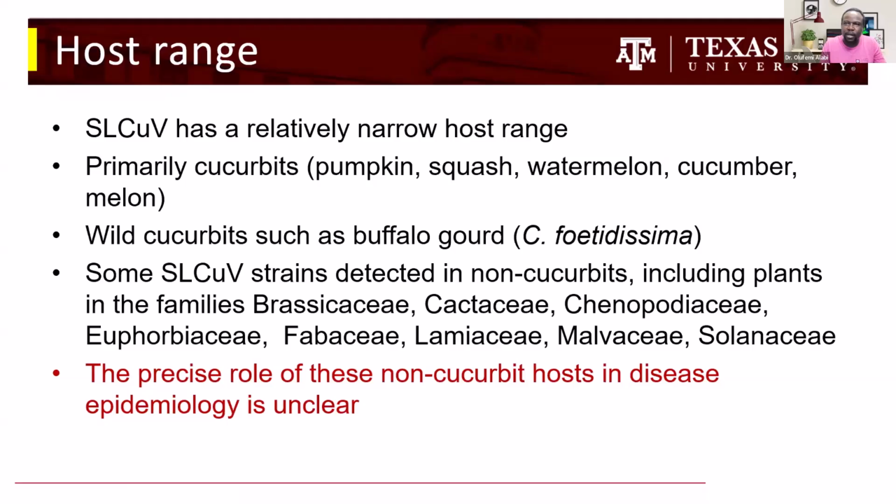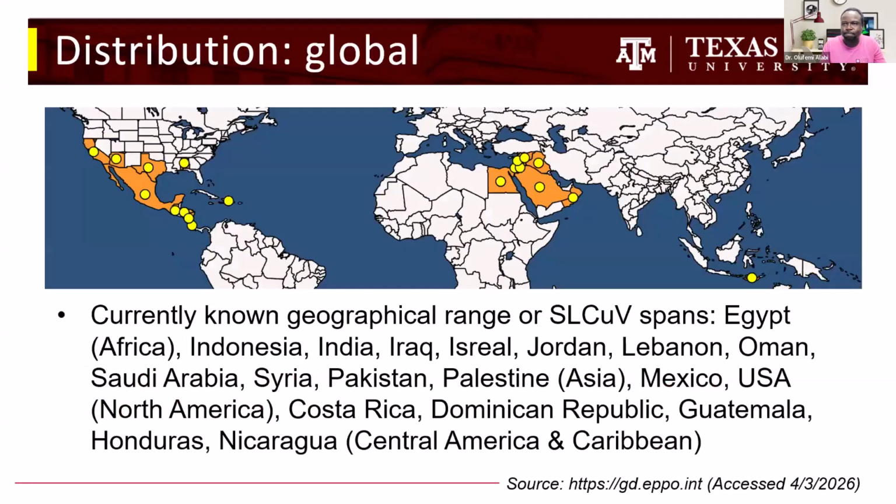But some strains of squash leaf curl virus are known to also expand their host range to include plants in different families. However, the precise roles of these non-cucurbit hosts in disease epidemiology is really unclear. In other words, we are not quite sure whether they can be efficient sources of infection of cucurbit crop. So that's something that really needs to be elucidated.